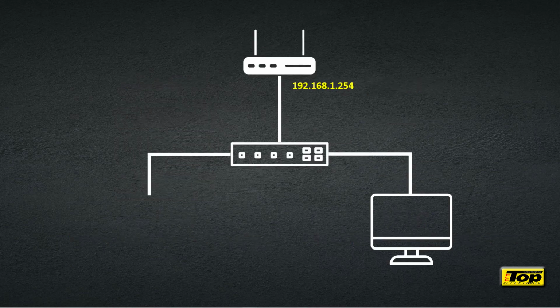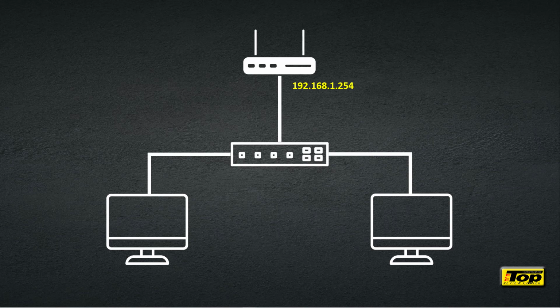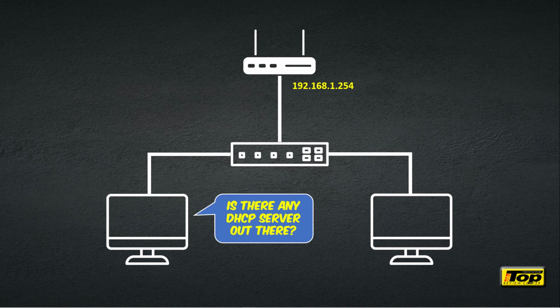When a PC, for example, a DHCP client, is installed on a network for the first time, it doesn't have an IP address yet. It cannot right away communicate with other devices on the network. In the beginning, it will issue a broadcast to find a DHCP server that can provide it with an IP address. This broadcast is called DHCP Discover.